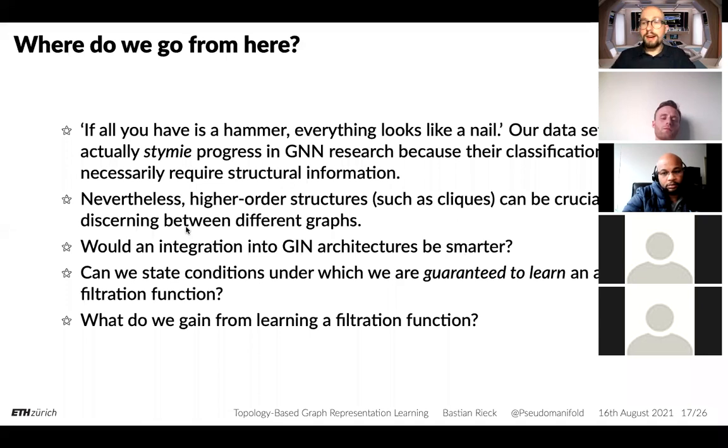But mostly, I think the question that we want to answer, and that we partially answered in this preprint, is what do we actually gain from learning a filtration function, as opposed to having a predefined function that goes through our graph and calculates topological features? I think the answer is that we gain a lot, because we also have some comparison and ablation studies in the preprint that discuss these aspects. But nevertheless, it's a little bit of an open question whether this can be defined or decided in learning theory terms.